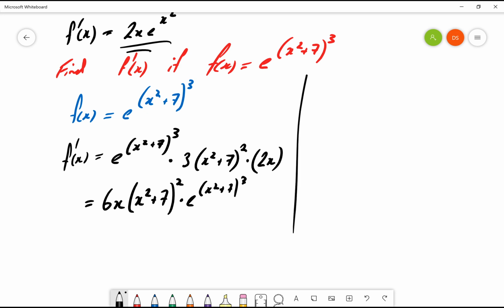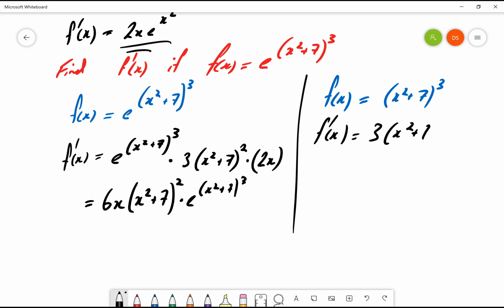Because remember, if this was my function, the derivative of this function already has multiply by the power, take one off the power, multiply by the derivative of the inside. And so for this part, the derivative of the inside is this thing here.